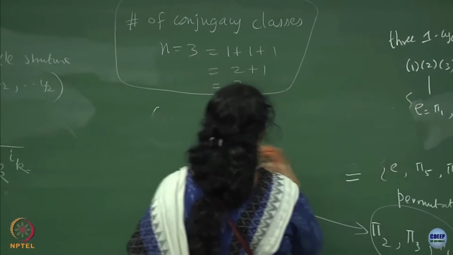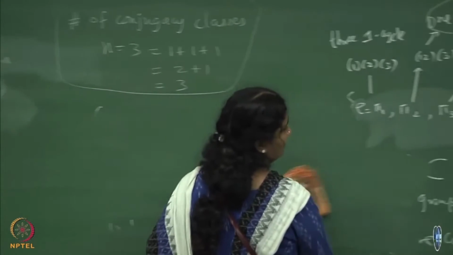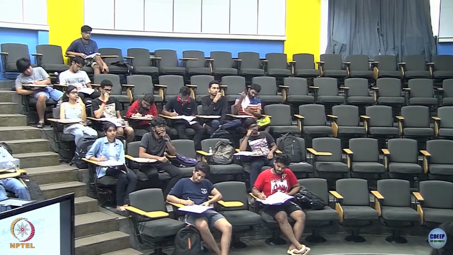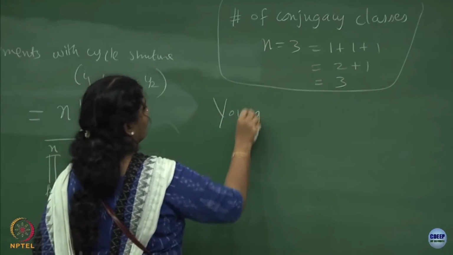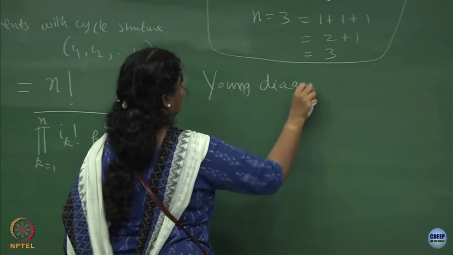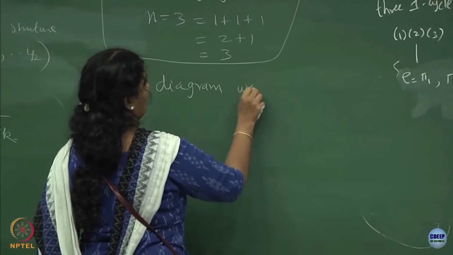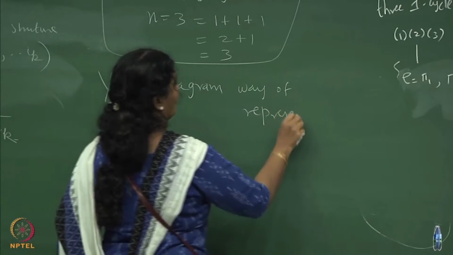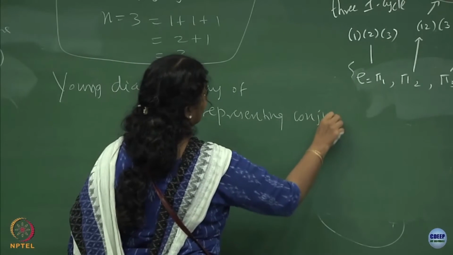And there is a nice neat way of using the Young diagram to represent a conjugacy class.